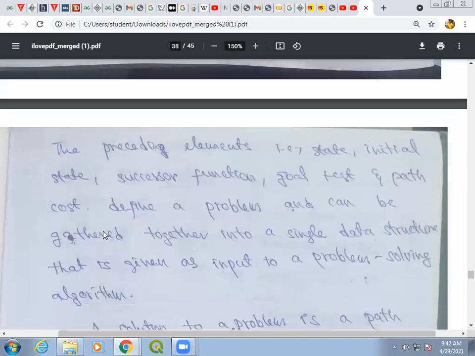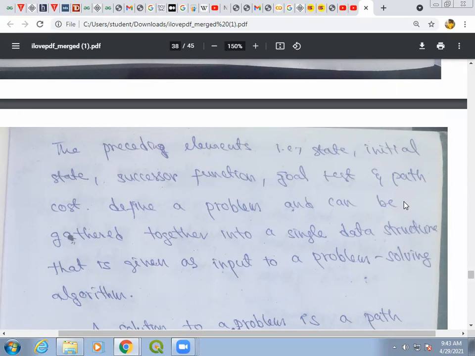In the previous case, we discussed that whenever we define any problem, we consider components like the states, the initial state from which it starts, and the successor function. The successor function gives the possible states it can reach from the initial state. Then there are the goal test and path cost. So these are the 5 components: state, initial state, successor function, goal test and path cost will define the problem.